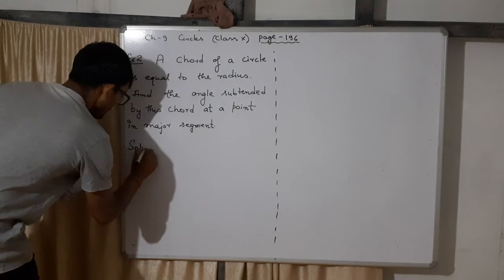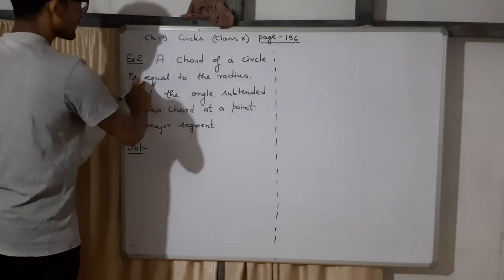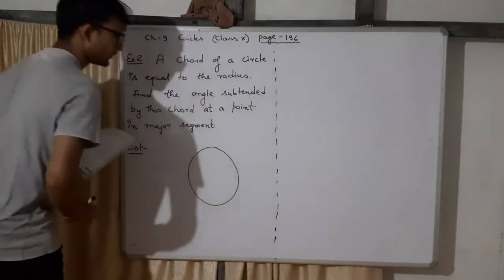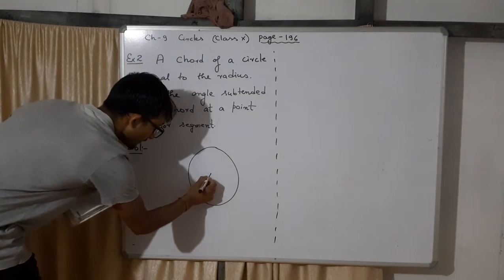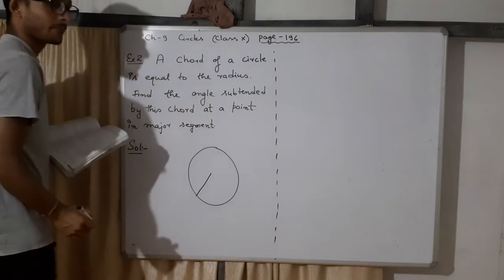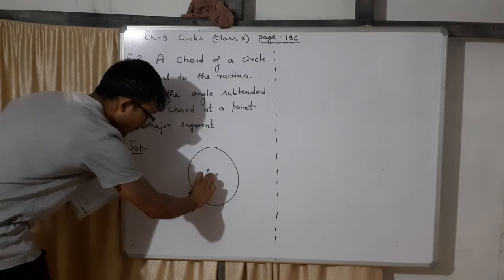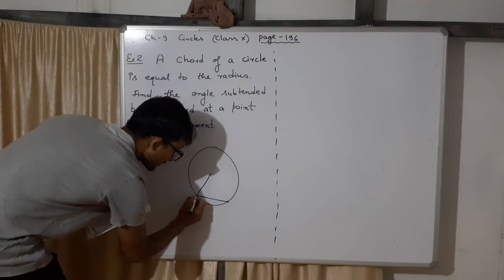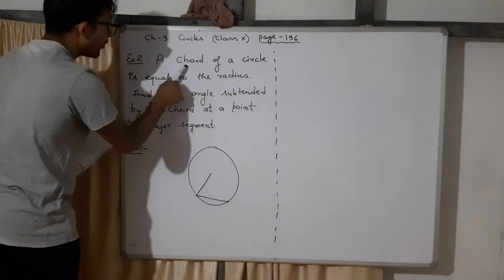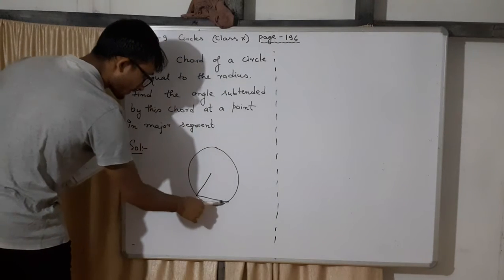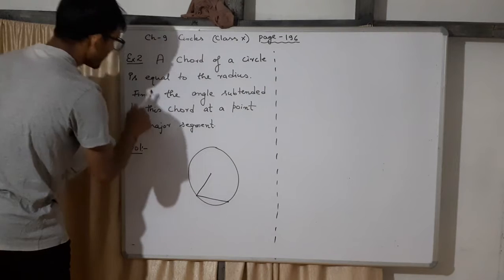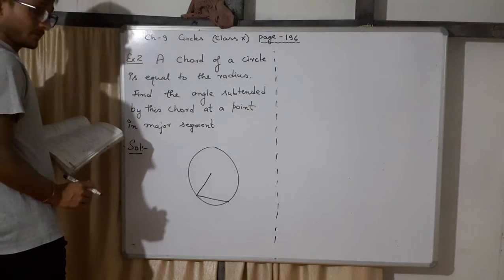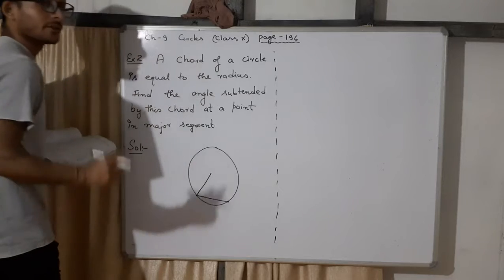So to do this, a chord of a circle is equal to its radius. Suppose there is a circle, and this will be the radius. The same size of this one you will use in the chord. Again read it: a chord of a circle, chord is this one, is equal to the radius. It is a tricky question.